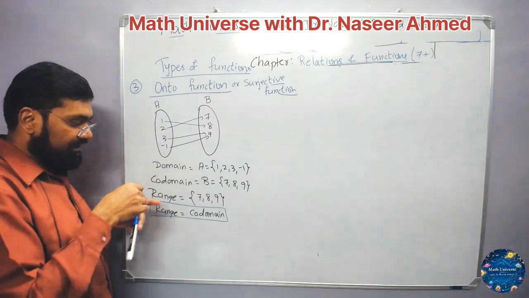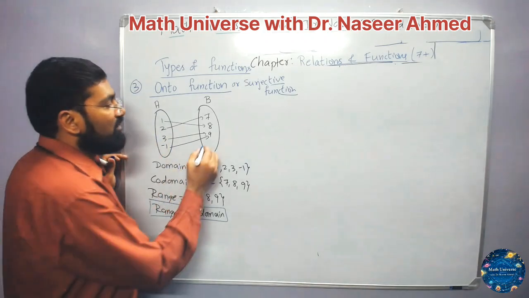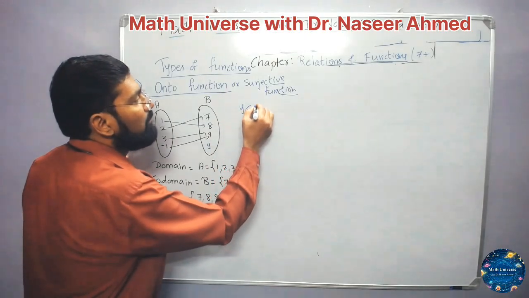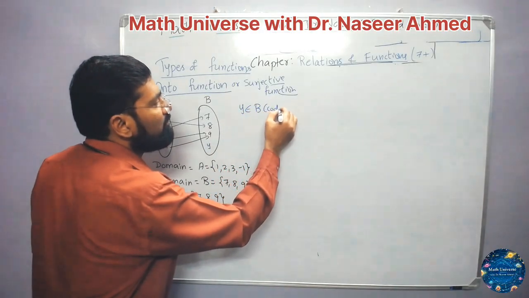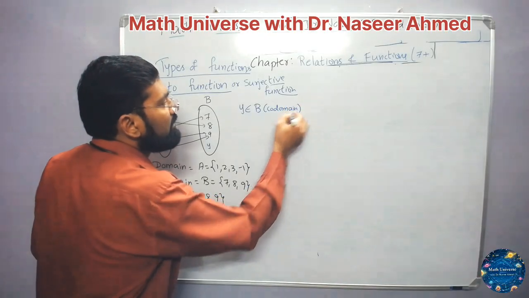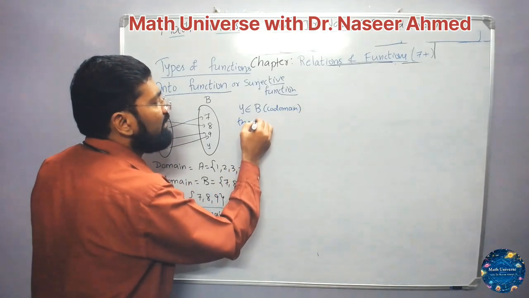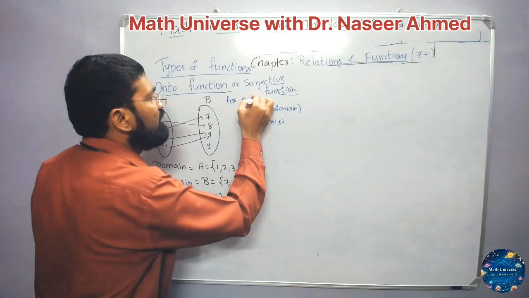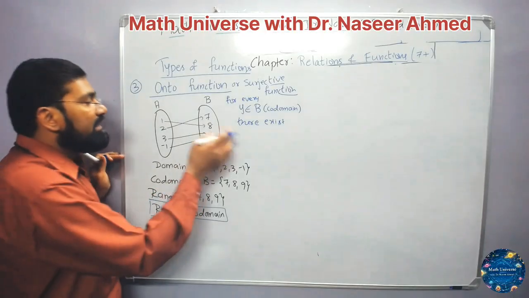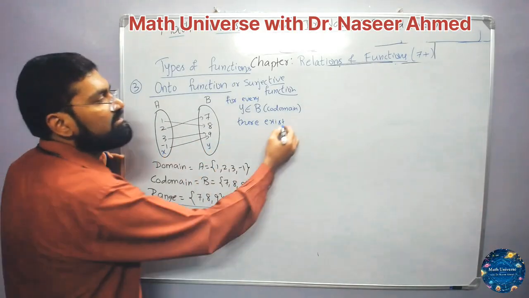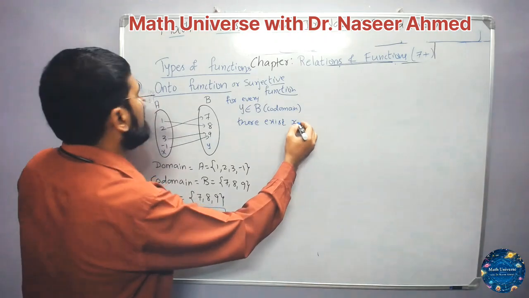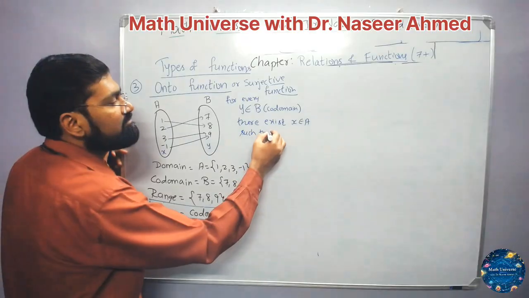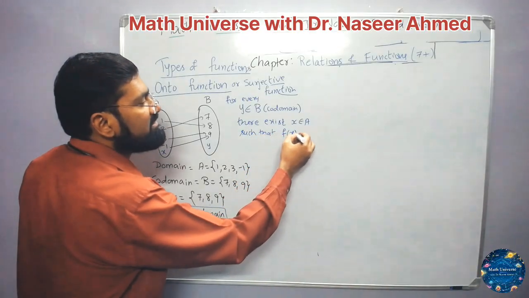Definition for onto: for every y belonging to codomain, there exists an element x in domain, such that f of x is equal to y.